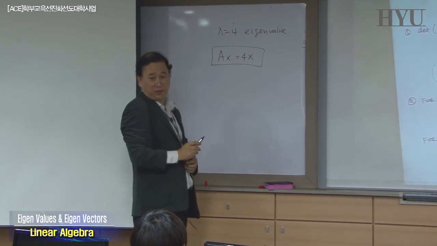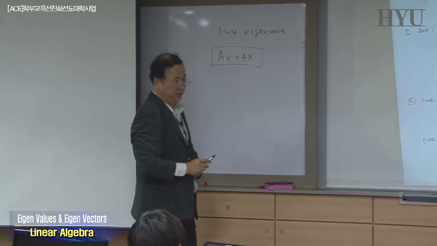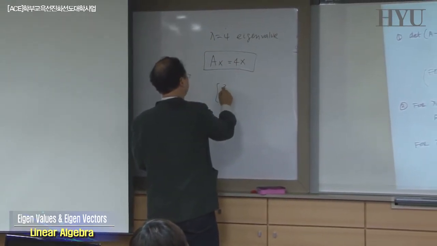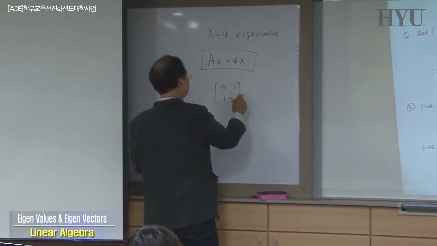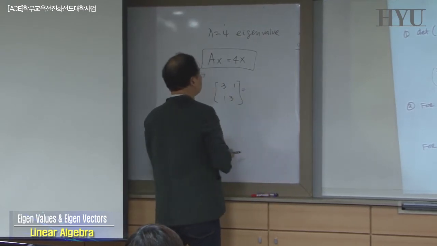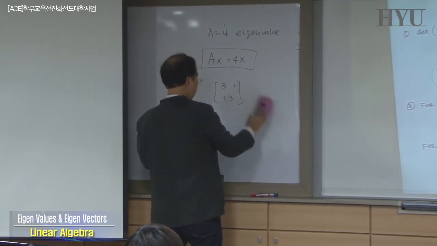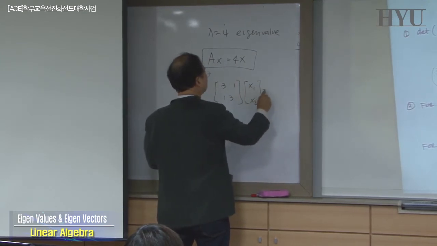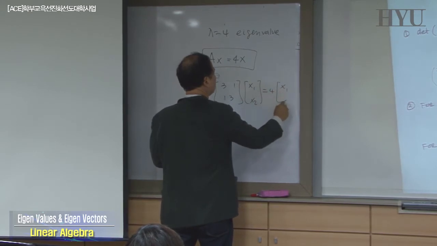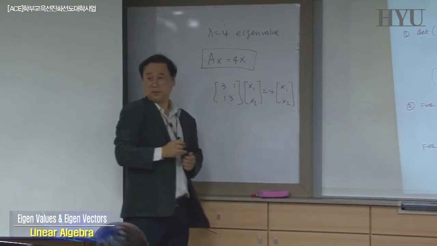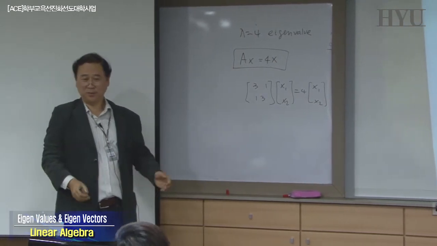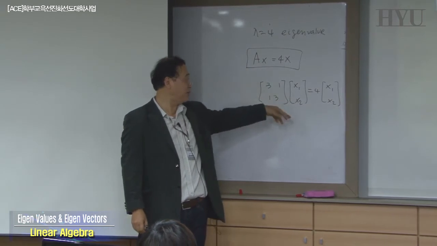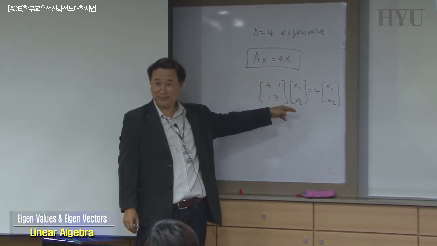This is for two dimensions. What was the original matrix A? 3, 1, 1, 3, right? Just by solving this 2 by 2 equation, you can compute x1 and x2, right?